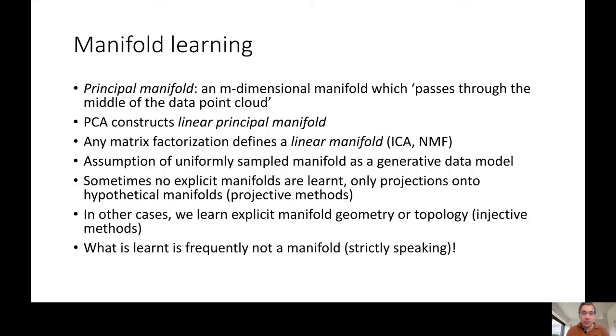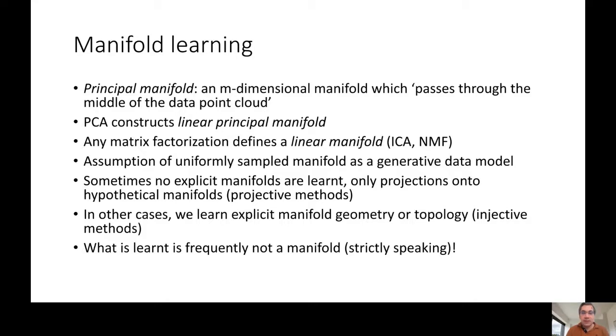So we will make this notion more precise, but one simple example of a principal manifold is constructed just by PCA, as we already discussed. So let's say PCA can be defined as a linear manifold approximating the data in the sense of least squares. So in this sense, principal component analysis constructs the simplest principal manifold, which is linear principal manifold.